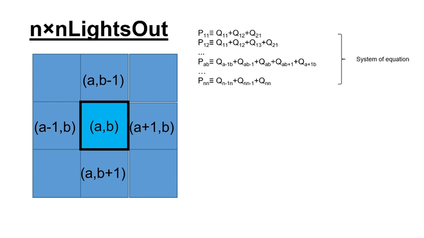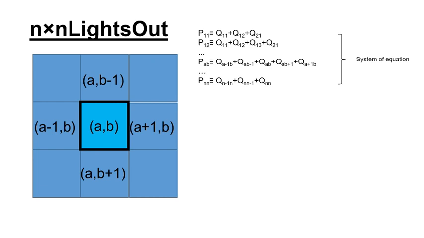We can get the system of equations when you sum up some equations and write the right member equals 0. If the sum total of switches lighting up is an odd number, the Lights Out can't be solved.